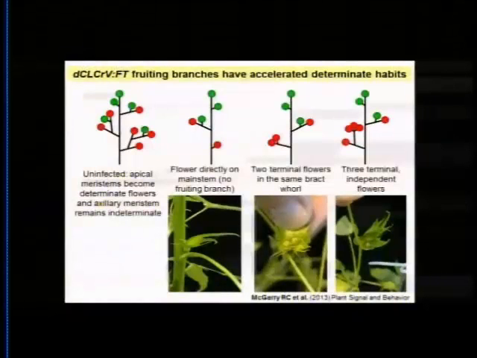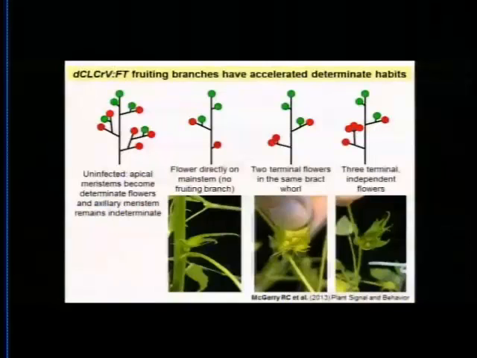And essentially the same thing has happened here. It's hard to see it, but there are 3 flowers in that terminal cluster. And what's happening here is that both the terminal bud, and cotton actually has 2 axillary buds at each node, and so both of those axillary buds have converted to a floral fate. So we have a total of 3 flowers at the termini of that branch.